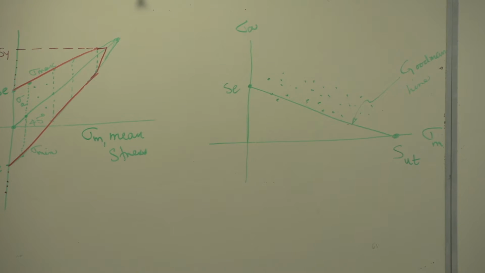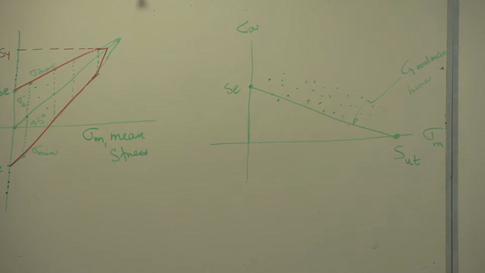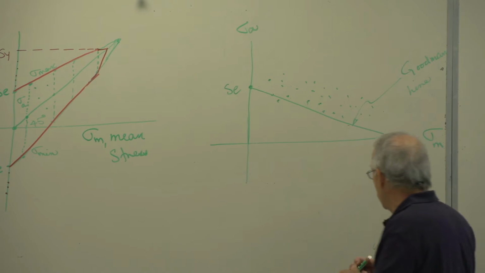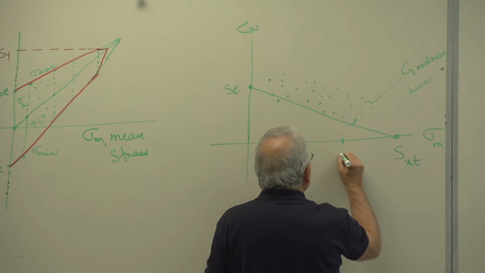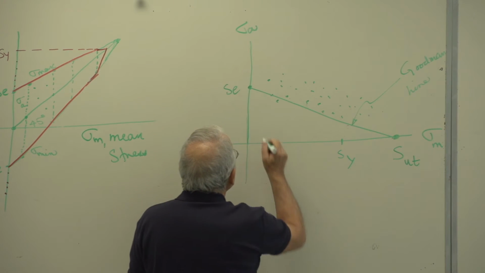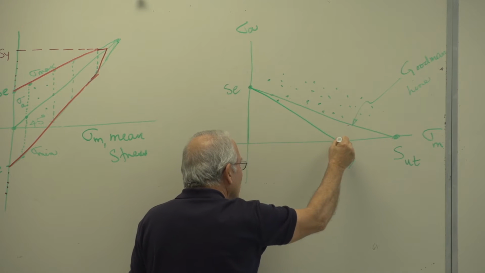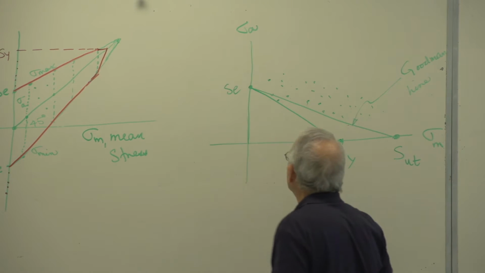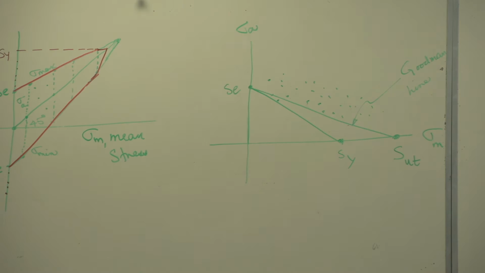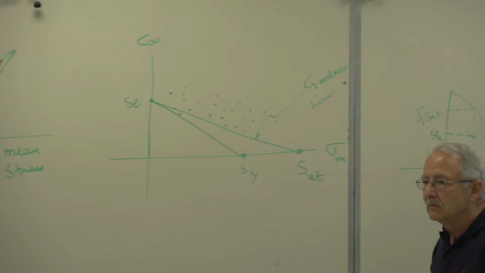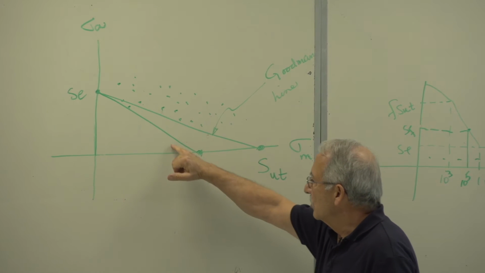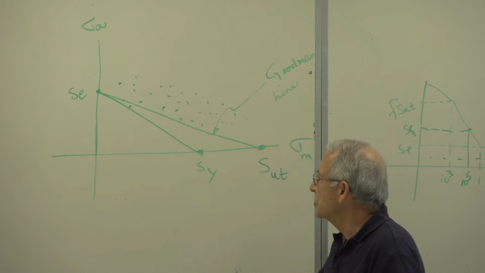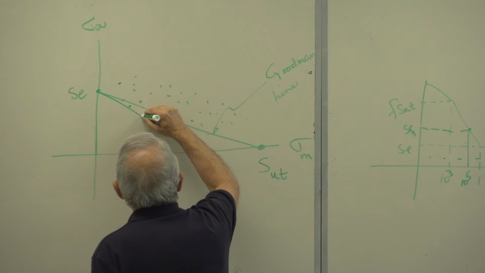If you would like to take a look at failure region, taking into account yielding as well as fracture, then you draw the line between SE and SY. The difference is this triangle here. So this is obviously a more conservative failure criterion.